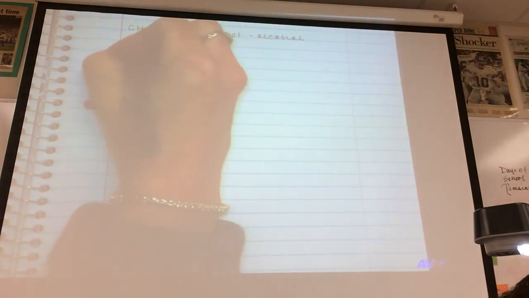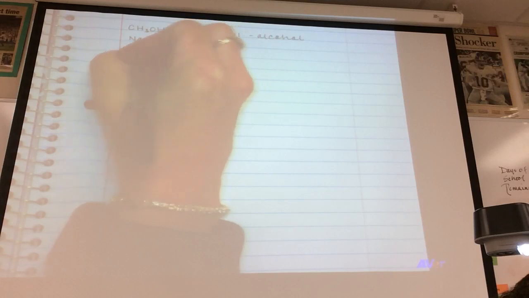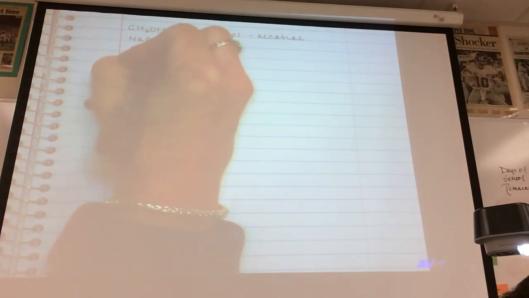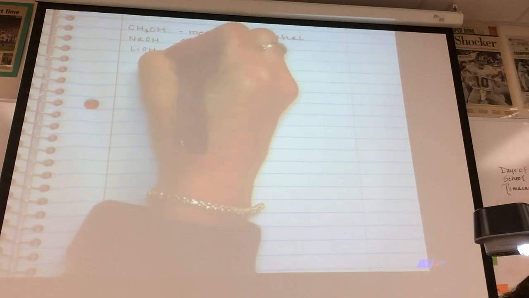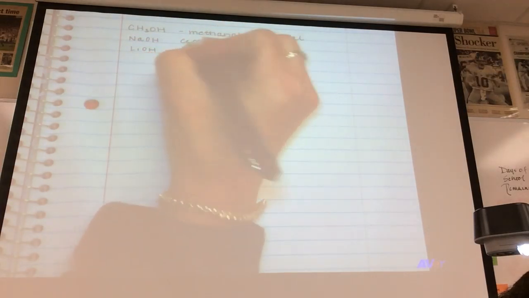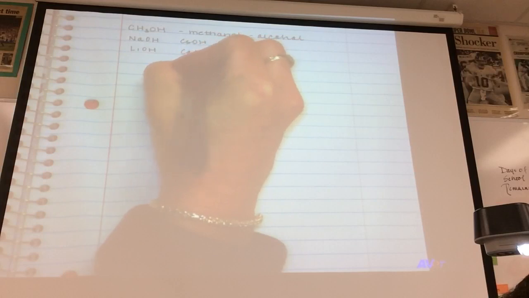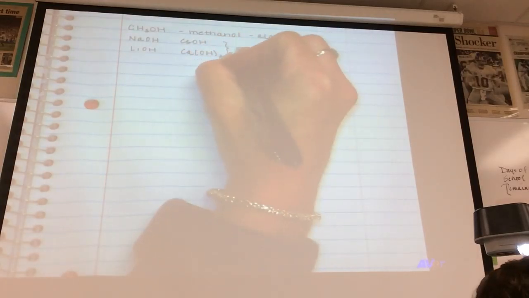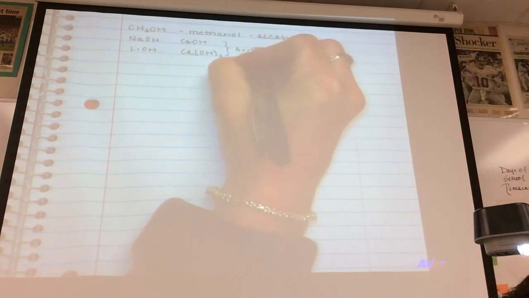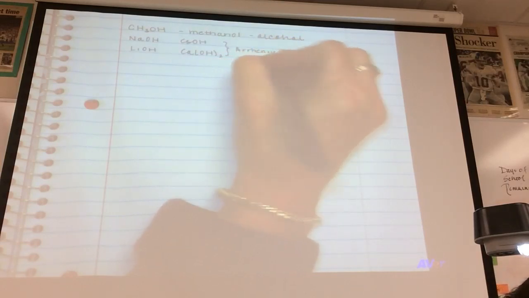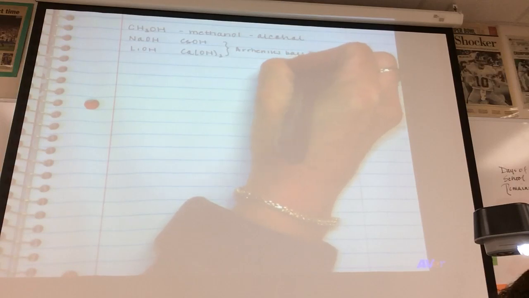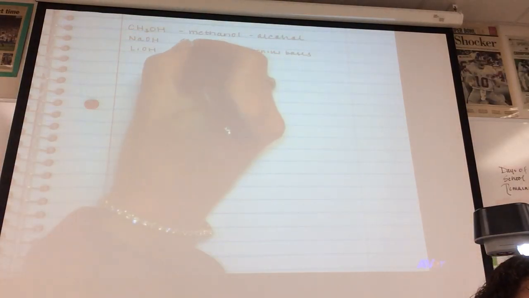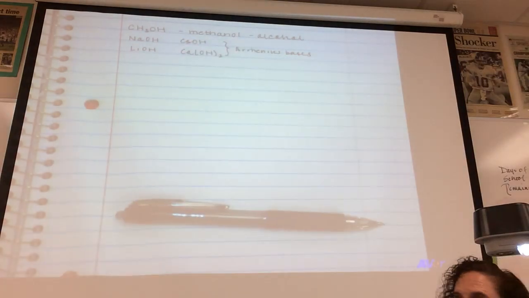Bases are things like sodium hydroxide, metallic cation, hydroxide ion, lithium hydroxide, cesium hydroxide. You can have calcium hydroxide, etc. So these are all Arrhenius bases. That's an alcohol. So make sure you have metallic cation in the cation position.